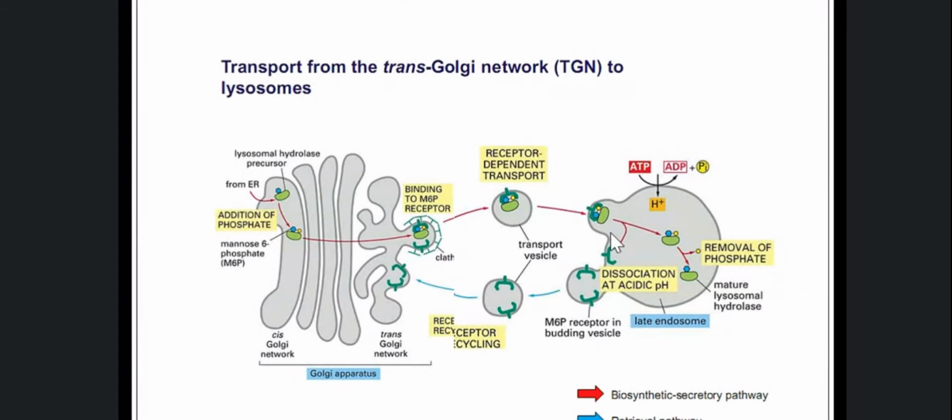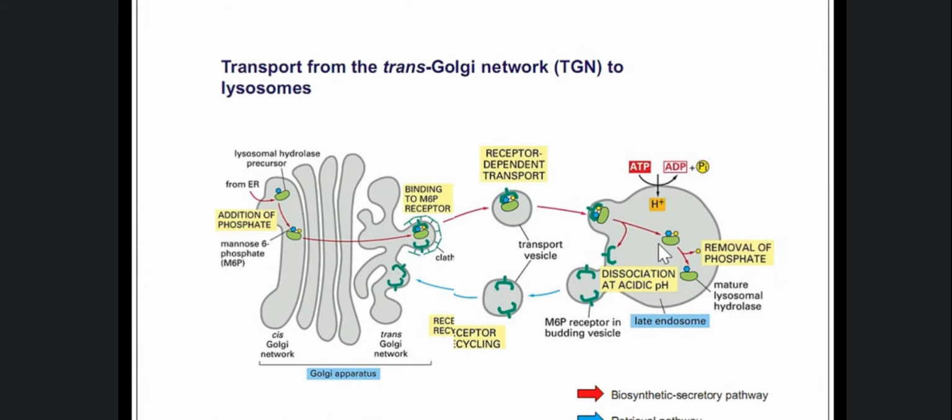After fusing with the endosome, because the pH value of the endosome is more acidic than the Golgi, the binding of the precursor and the receptor is weakened and releases the precursor into the lumen of the endosome. The receptor still stays on the membrane of the endosome and is transported by vesicular transport back to the Golgi, ready for another cycle.